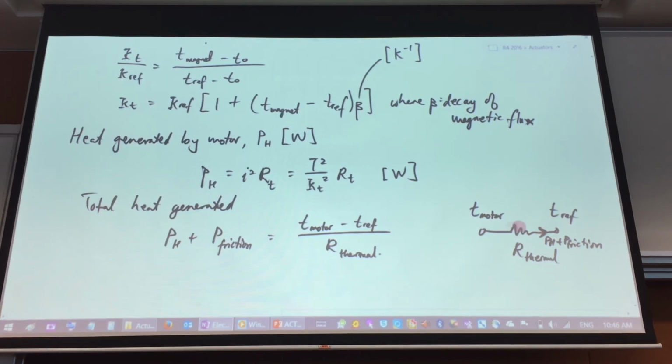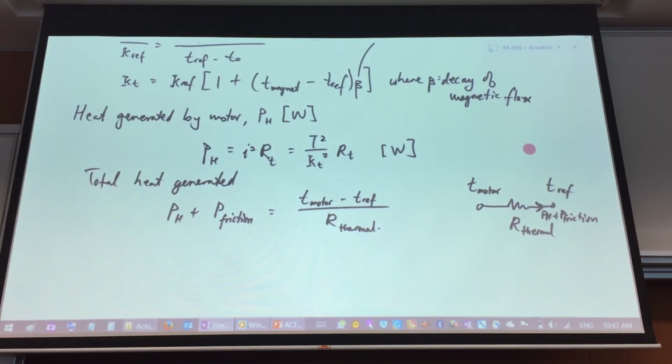It's kind of like a thermal circuitry where heat is transferring from your motor that gets heated up to the ambient temperature. And in between, there is a thermal resistance. Now this thermal resistance would accommodate the convection. There's a convection thermal resistance that's coming in because there's a layer of air in between.